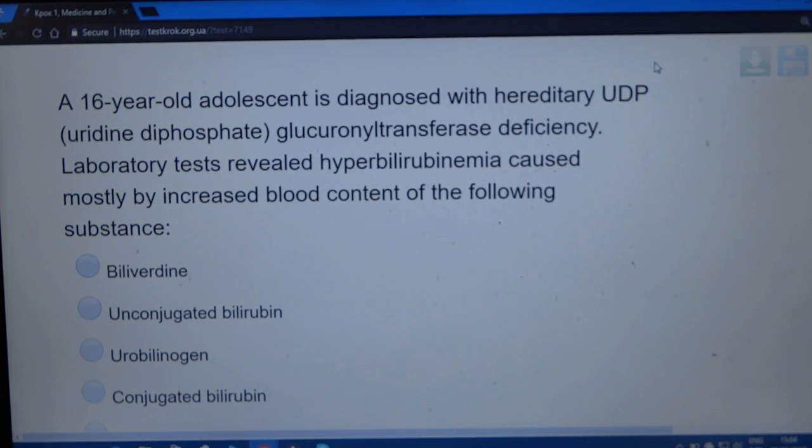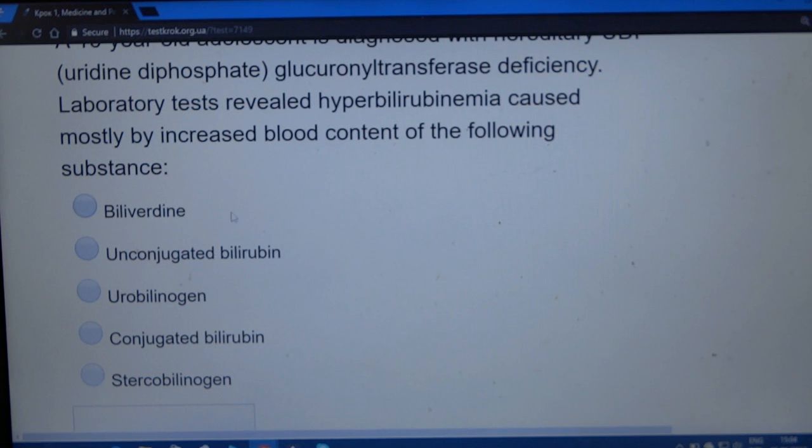So when something is not conjugated, what do we have? Of course, we'll have hyperbilirubinemia, but which one of them will be high? Is it unconjugated or conjugated? Of course, your answer is unconjugated, because most of them will not be conjugated. So your answer is unconjugated bilirubin.